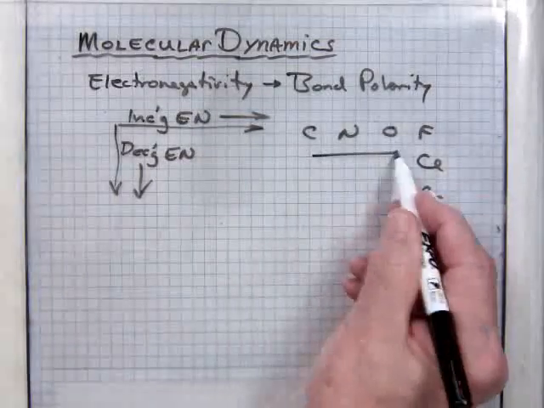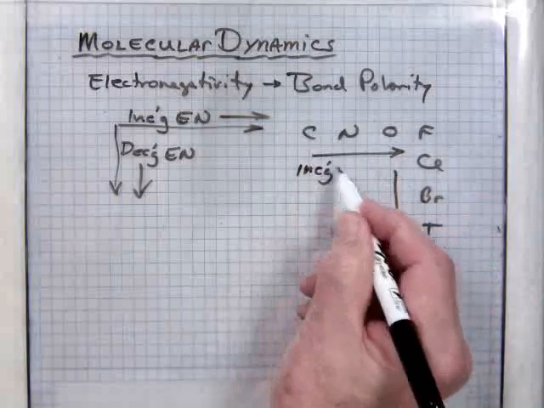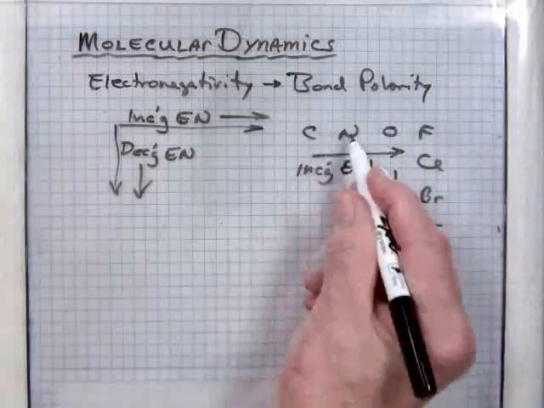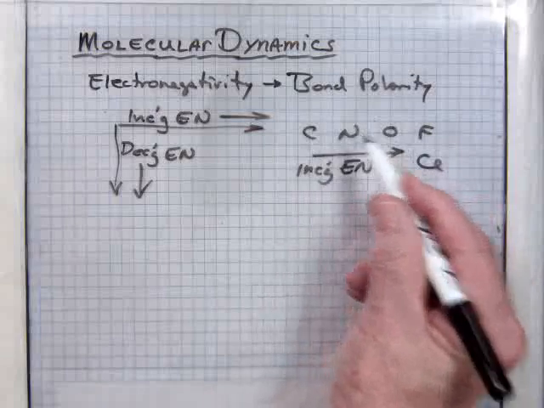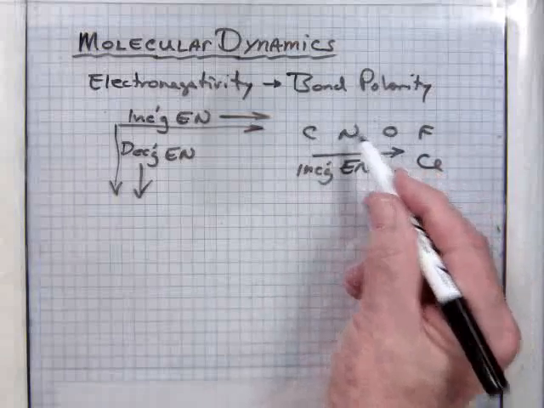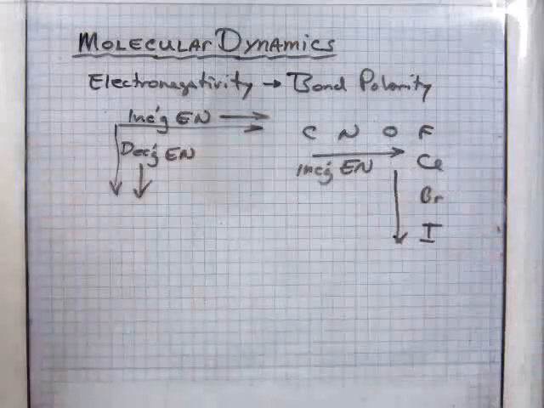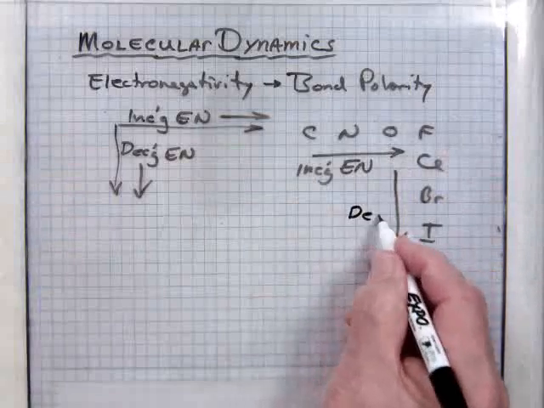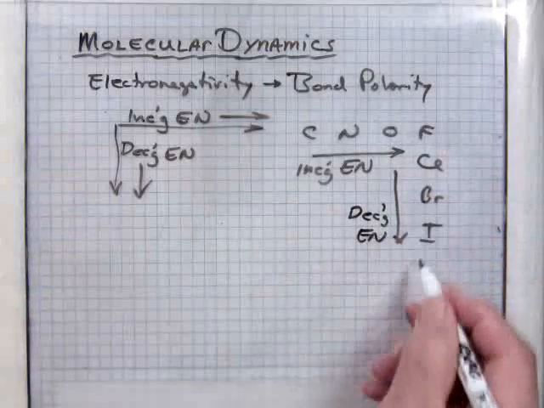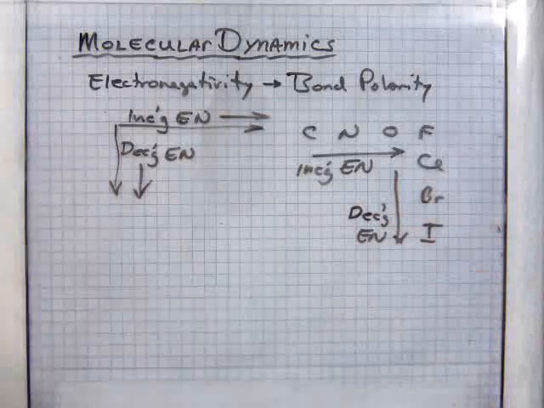So the trend is increasing electronegativity from carbon to nitrogen to oxygen, and fluorine is highly electronegative, more than oxygen. And then as you go down, you have decreasing electronegativity, because of the size. The size factor changes the influence of the nucleus on the valence level.